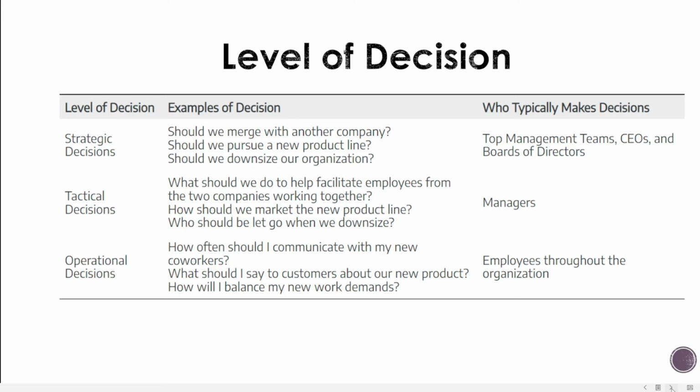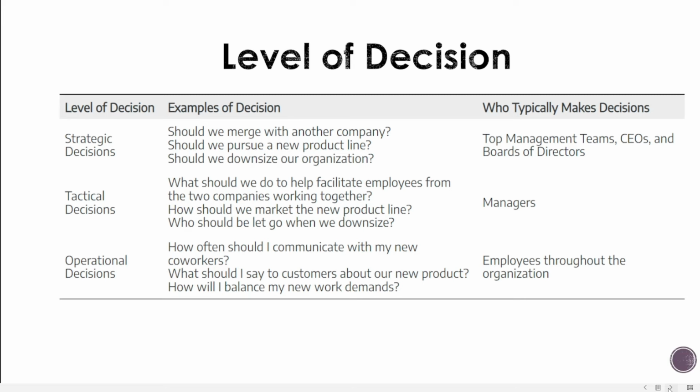So dyan nakadepende yung kung anong gagamitin nilang types of information system will support them in their decision making based on the level of decisions that these specific individuals, teams, or groups are going to use. So we can classify yung decisions in three categories based on the level at which they occur. So we have here strategic decisions.